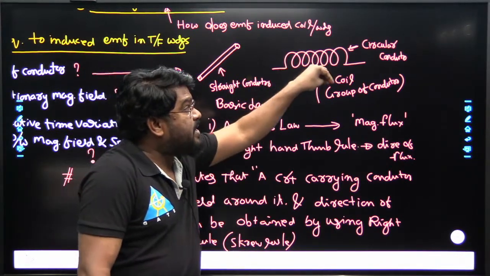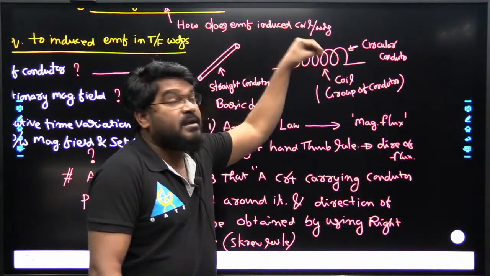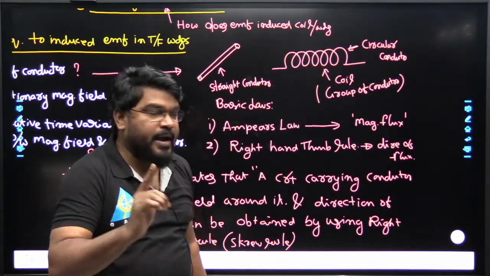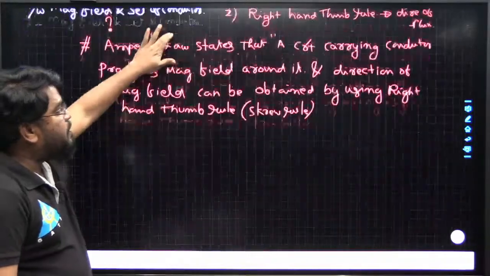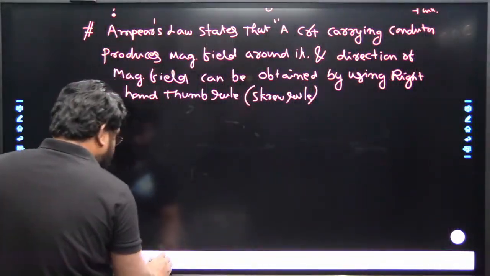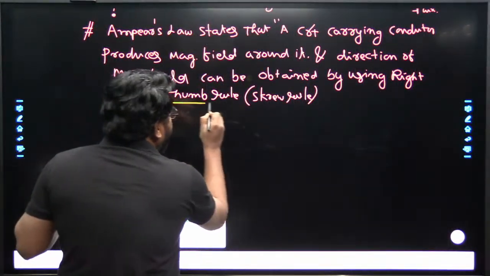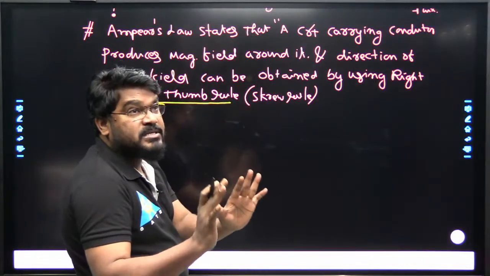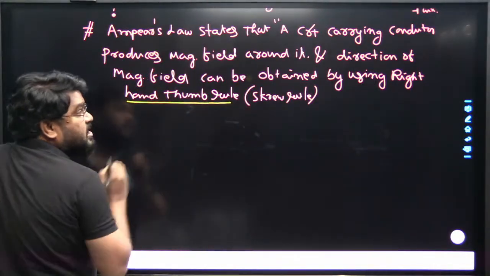And how do we find out the direction of the magnetic field in circular conductors? The purpose of this rule is to find out the direction of the flux.